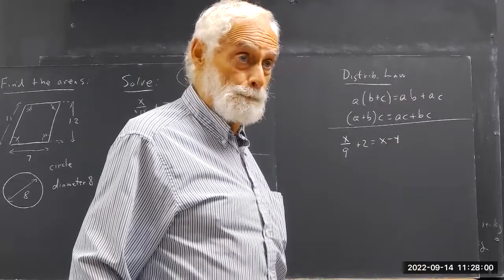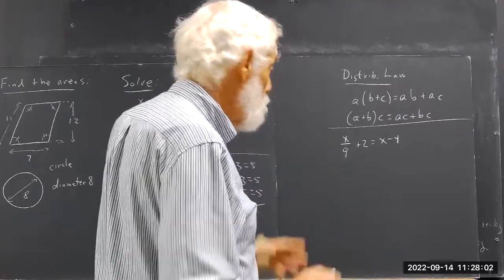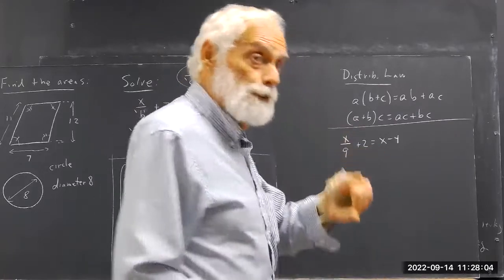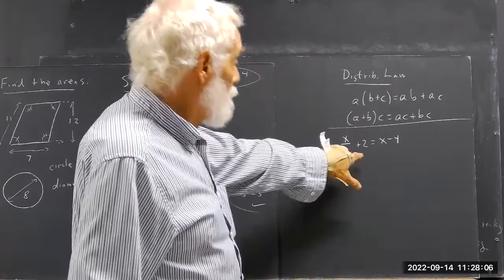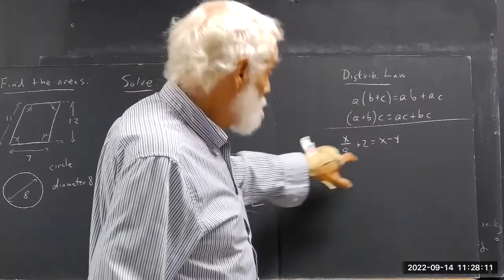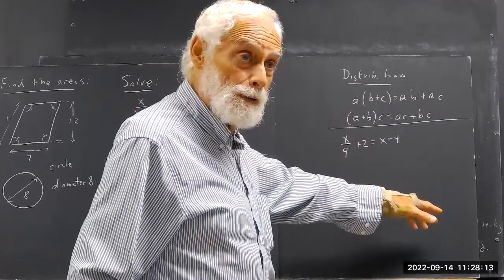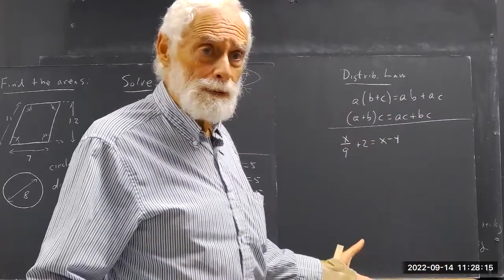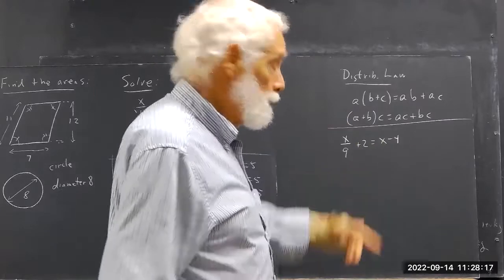Okay? Both sides, because again, as I said before, this side is equal to this one. If I multiply part of this side by 9 and not another part, it's no longer equal. So it's not an equivalent equation.